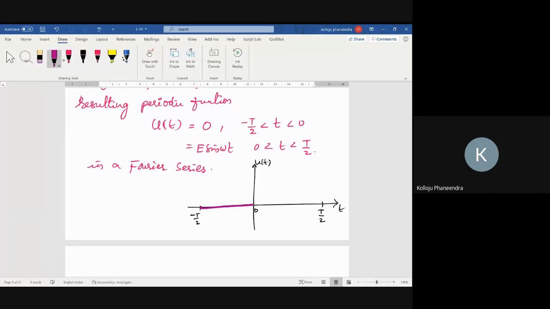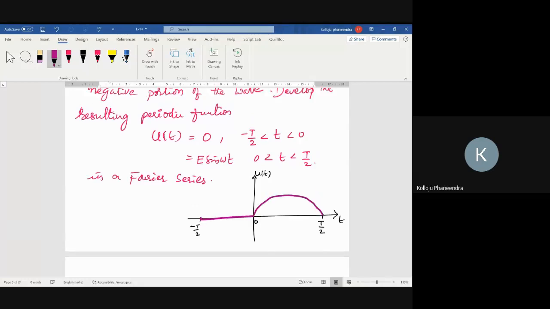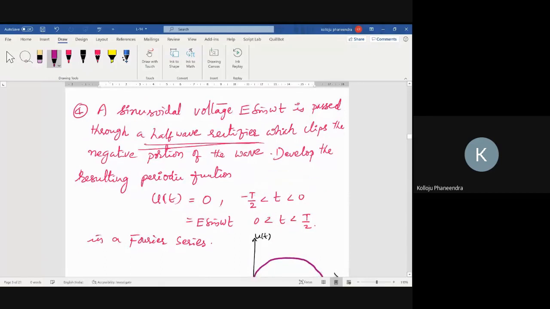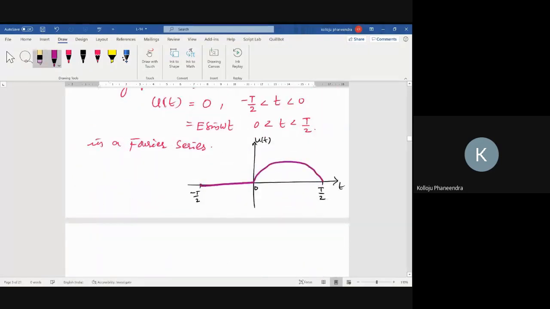And in 0 to T by 2, the function is sine omega t. Since it clips the negative portion of the wave, the negative part is not like this, it is 0. This is the half wave rectifier.